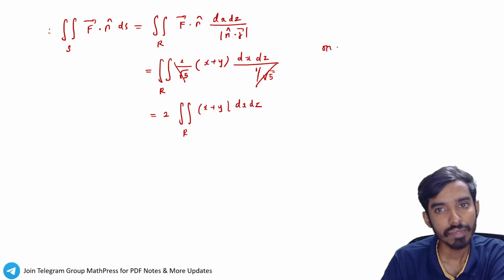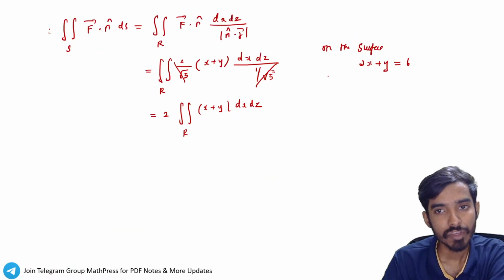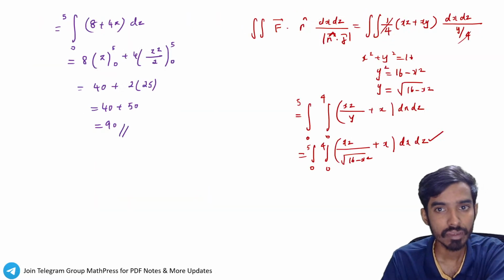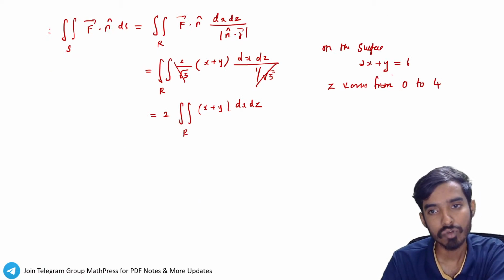So on the surface, 2x plus y is equal to 6. We know z varies from 0 to 4.